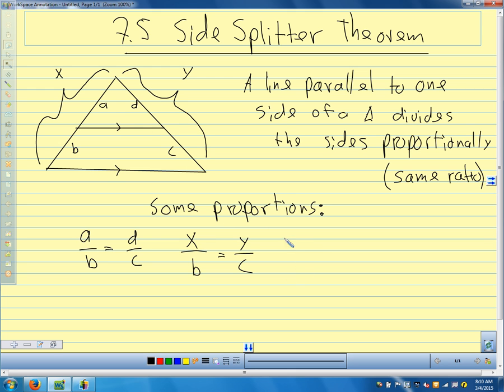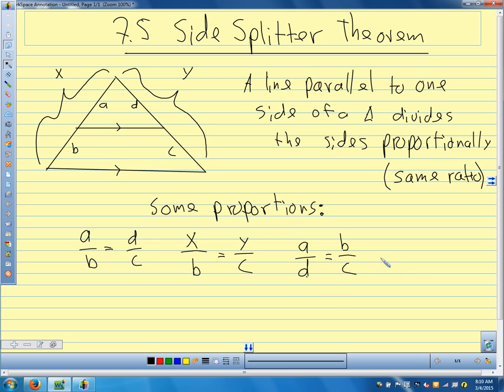I could say A over D, match these two up, equals B over C. It's another one we could use. Oh, A over D. Thank you. I wrote my D backwards. A over D. So I'm matching the top parts, making a ratio of the top parts and a ratio of the bottom parts. All of these would be the same.